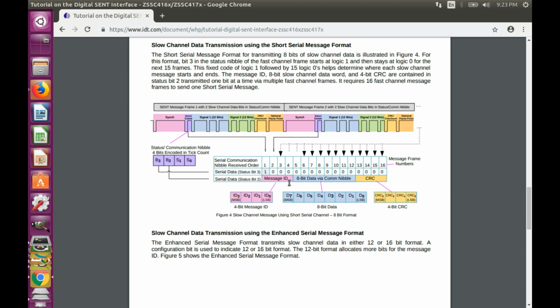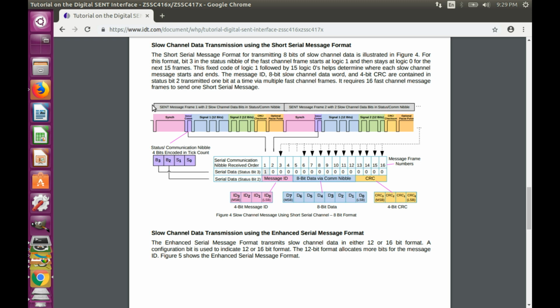The first 4 values will give us a message ID, then there will be 8 bits of data, and finally a 4-bit CRC code. And this is our slow message that takes 16 regular SENT packets to be transmitted.